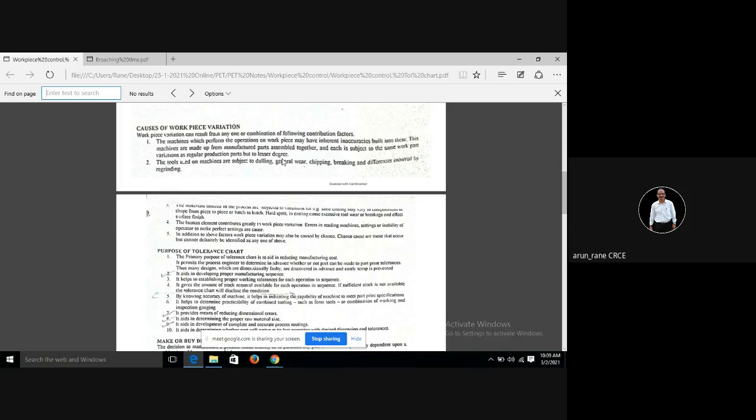In case of a machine, if every time it is giving 10.01, 10.01, 10.01, I will prefer that machine instead of a machine which is giving 10.0, 9.99, 10.01. I will prefer a machine which always gives me 10.0. That is what is called repeatability. Always look for the repeatability.